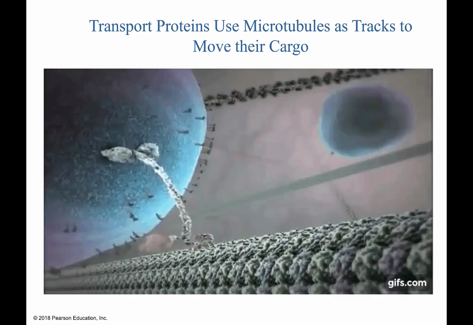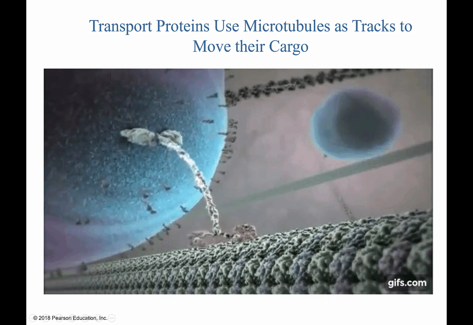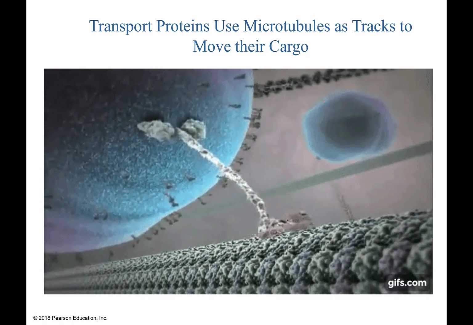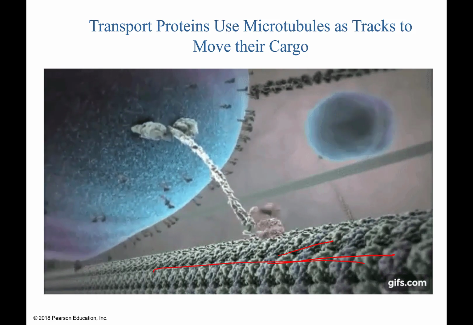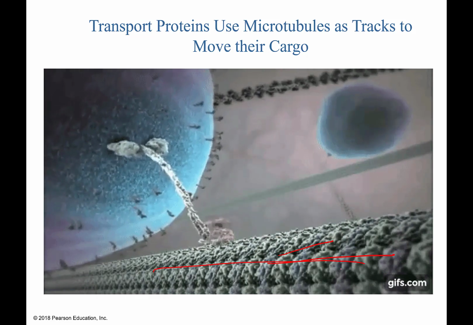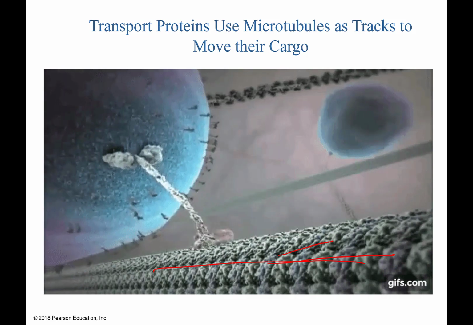Besides contributing to the cell's shape, cytoskeletons can act as little railroads for these things called transport proteins to carry vesicles around. So as you can see here, that whole thing is a microtubule, which is one of the cytoskeletons.